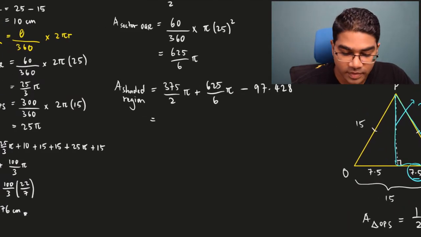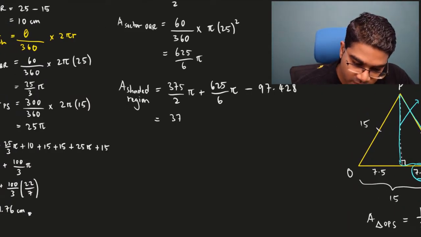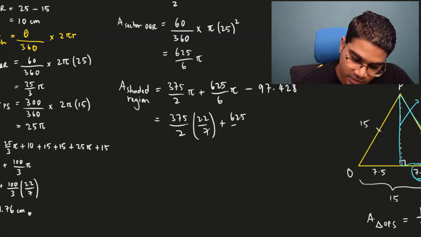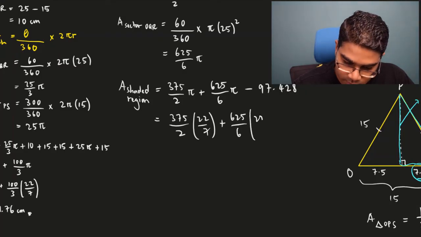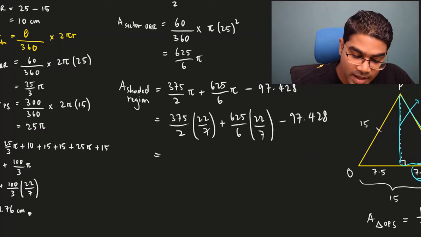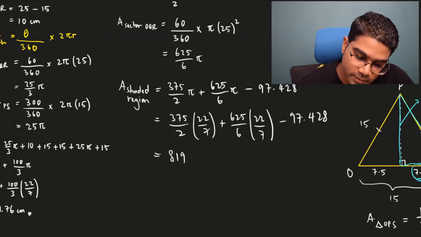Again, now we can substitute the value of pi inside. So 375 over 2, 22 over 7 plus 625 over 6, 22 over 7 minus 97.428. The answer we will get is 819.24 centimeter square.